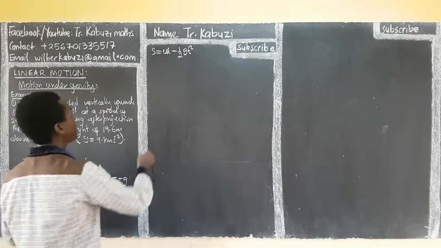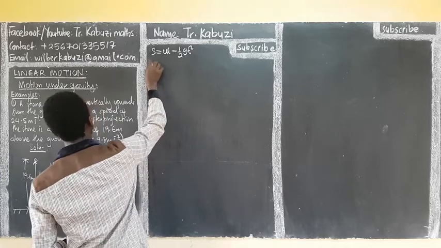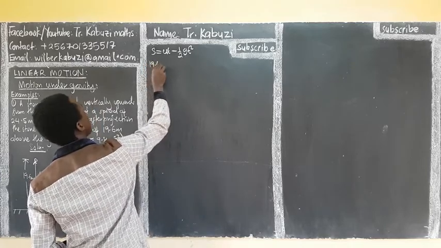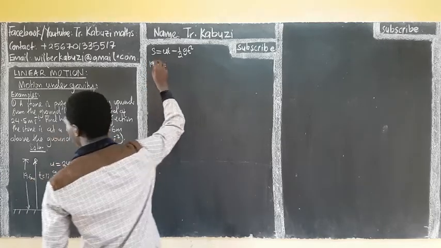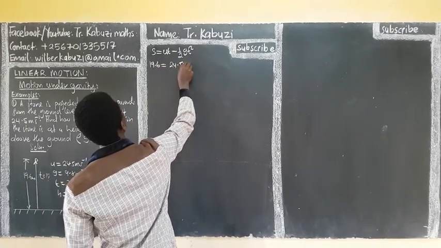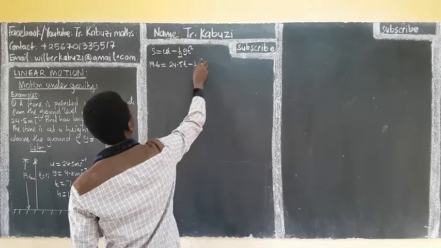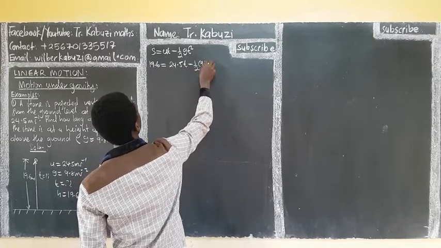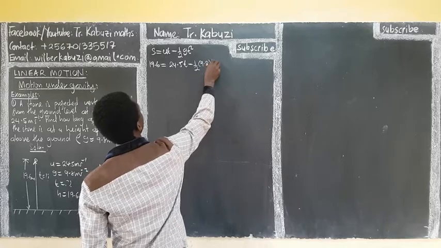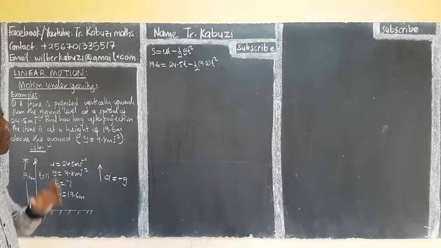Okay, so what do we have? We have the distance, the height, which is the same as the distance, 19.6, equaling our initial velocity, which is 24.5, times the time, which is what we are looking for, minus half of our gravitational force 9.8, times t squared. So how do we go about this?